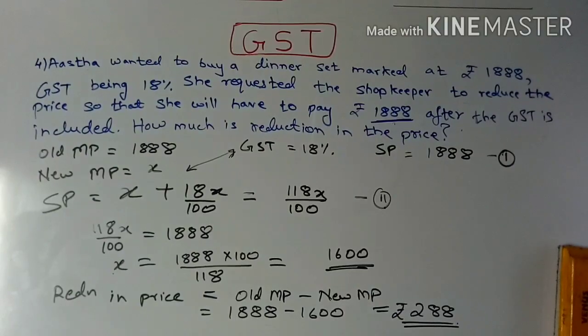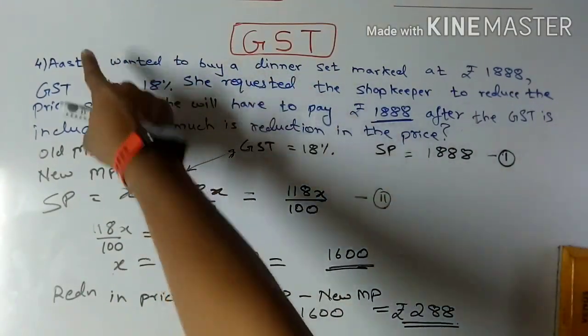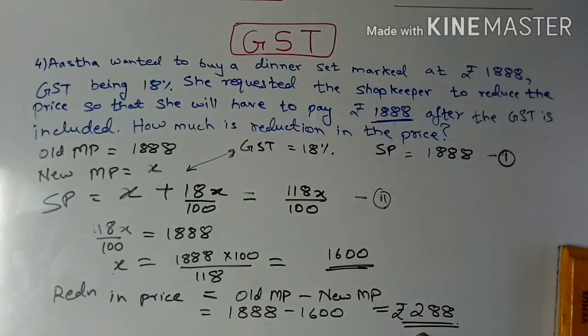So you'll write in the statement that the reduction in the price after the request of Astha will be 288 rupees.